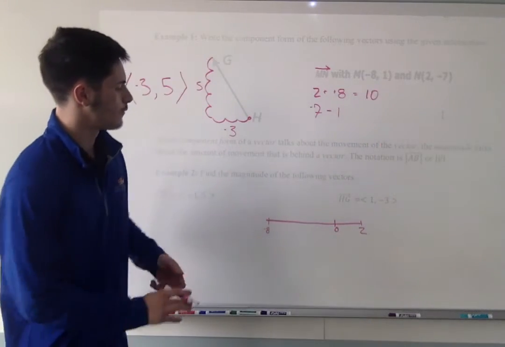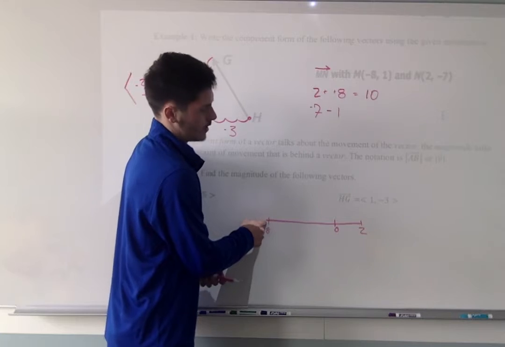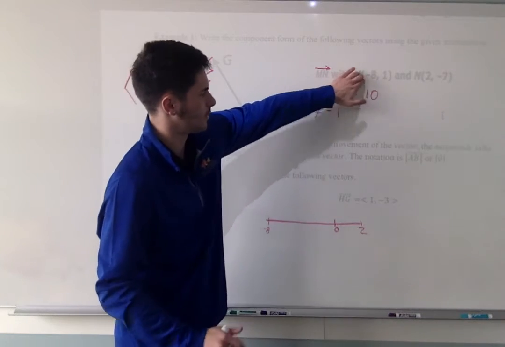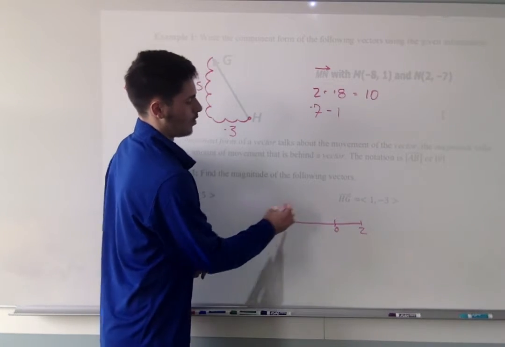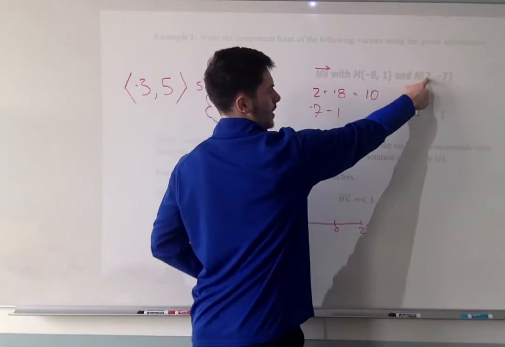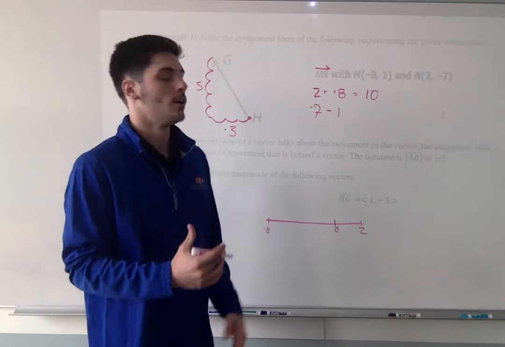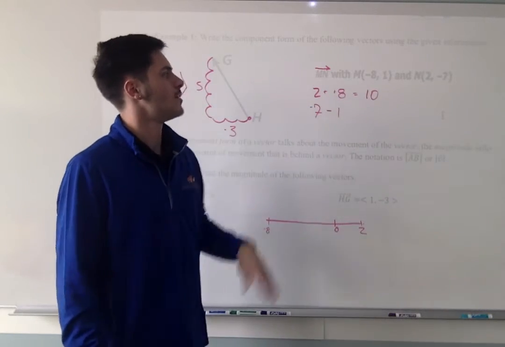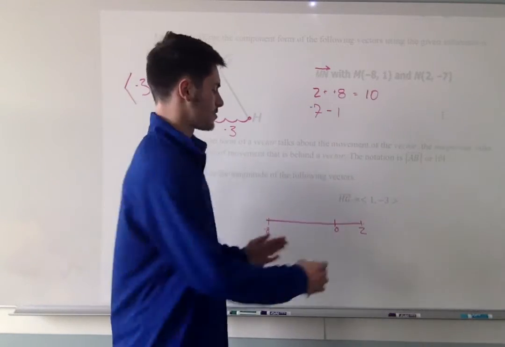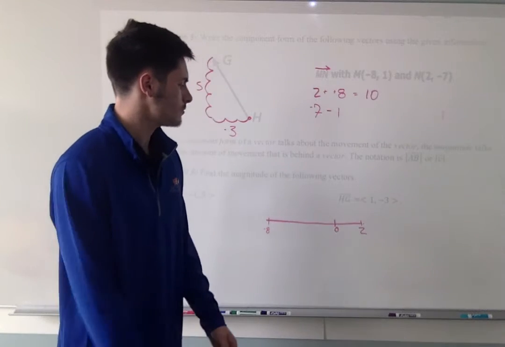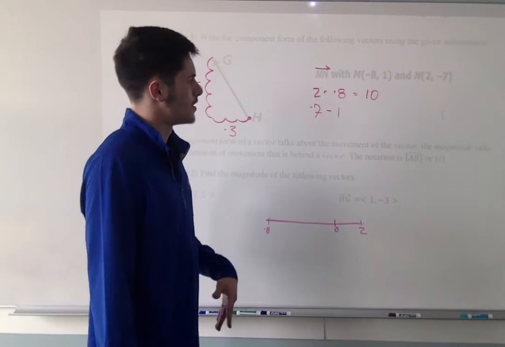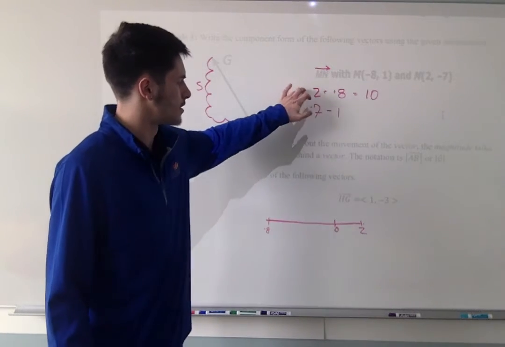And we can see that if we travel from -8, which is where this one starts, all the way to 2, which is where this one ends, it would be 10 units long. So that's what this subtraction is doing. It's finding the difference between these 2 points. And yeah, so this is a visual way to represent this.